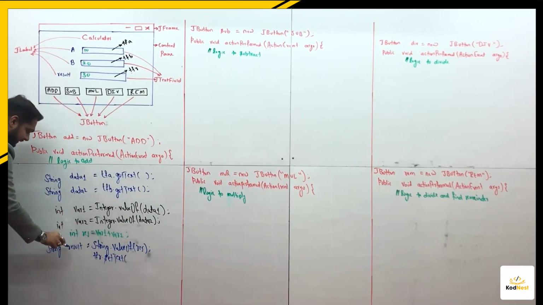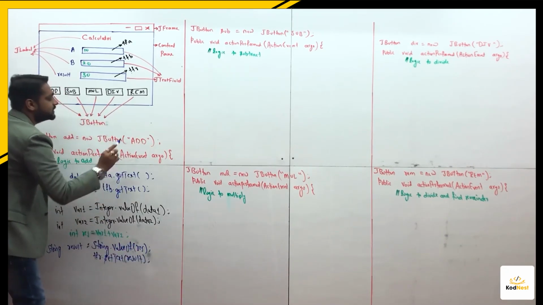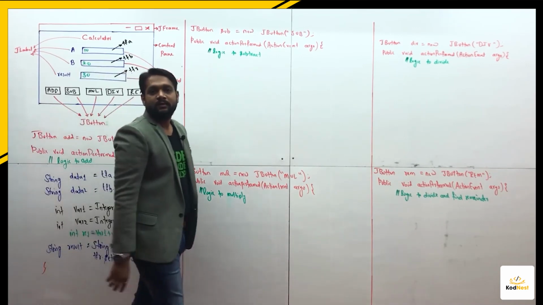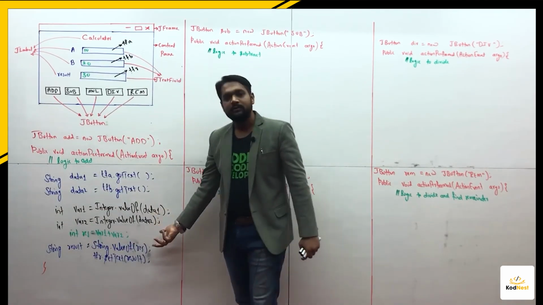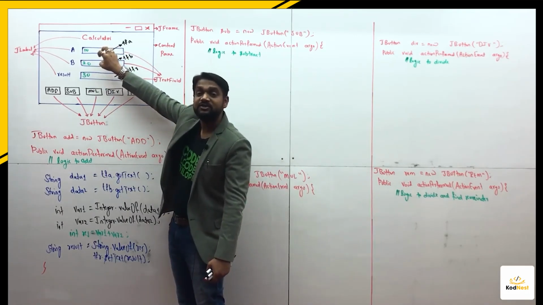What text? That text present in result. That is the opening of the method. Possibly this is the closing of the method, actionPerformed. Done. This is the logic to add two numbers after taking the input from the text fields.